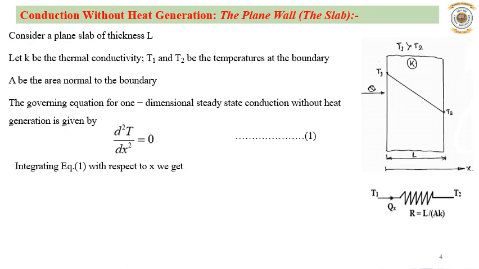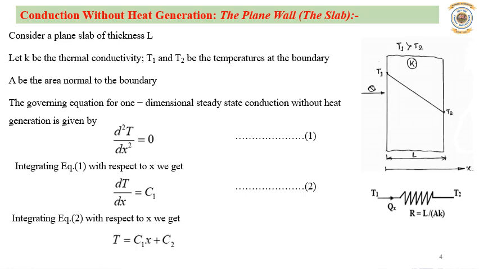Now we will integrate this equation with respect to x, and we get dT by dx is equal to C1. Call this equation number 2, and again integrate equation number 2 with respect to x.